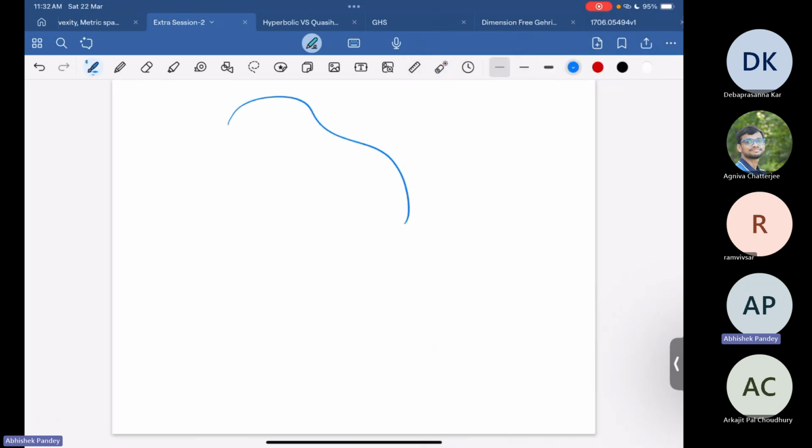We have our space, and let us say we have two points x and y.